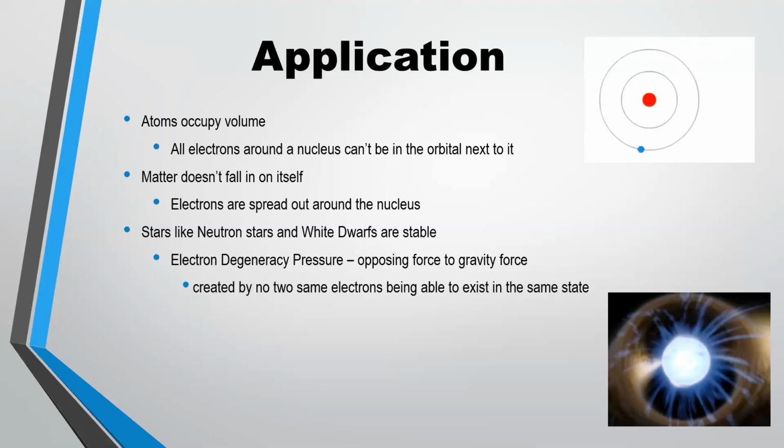Because the electrons are moving outwards and not all surrounding the nucleus, the electrons being in places further away from the nucleus creates a pressure which exerts outwards from the cores of these stars, which acts as an opposing force to the gravitational force, which is pushing inwards, thereby stabilizing the center of the stars. Now, if the gravitational force overcomes the electron degeneracy pressure that's being exerted outwards, the core is going to collapse and a black hole is going to be formed.